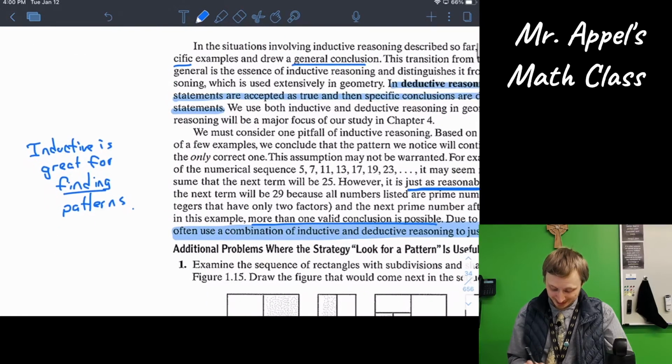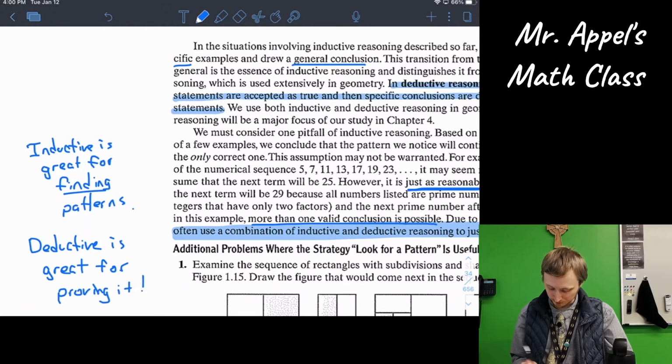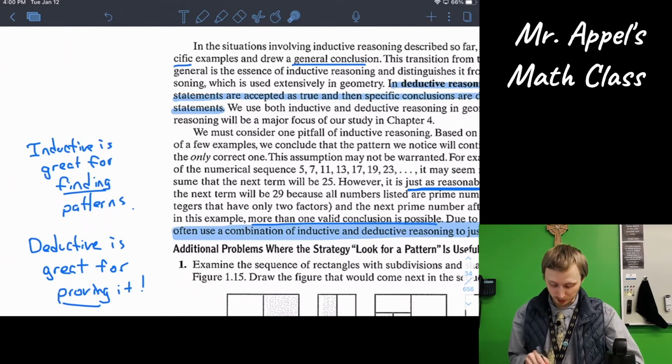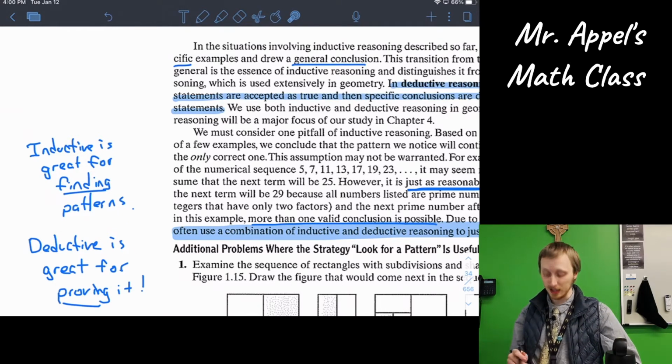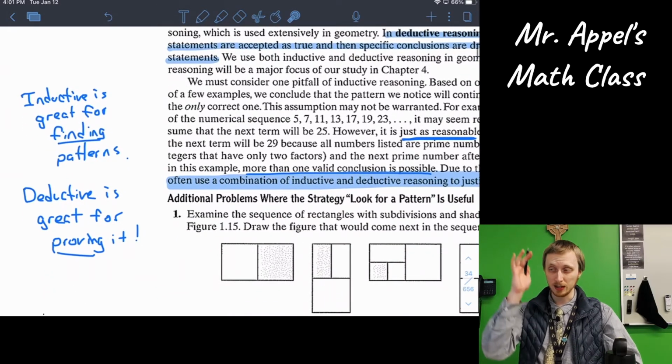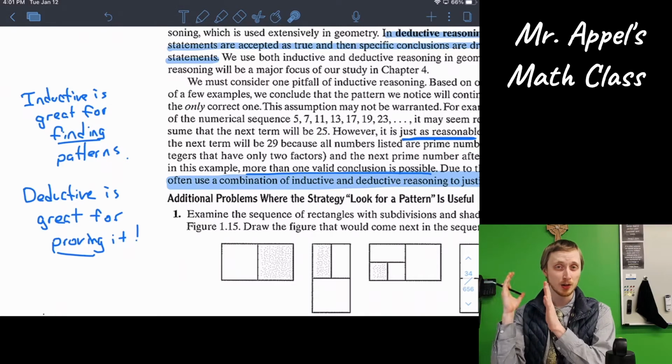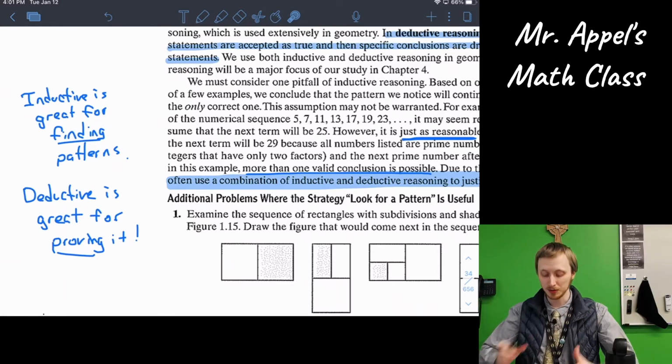Okay? But deductive is necessary for proving it. Right? If you want to be sure that that's the case, then you need to employ deductive reasoning. Yes, this must be the one because it takes the general rule that is already established as true and applies it to the new scenario.